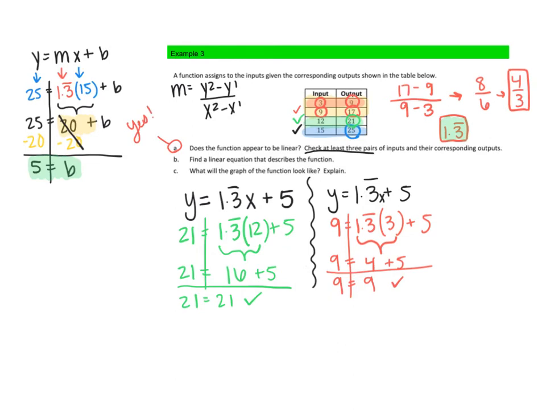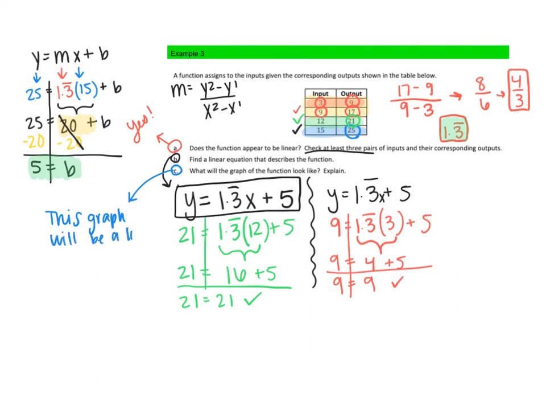This is linear. Okay. For part B, we already described a linear equation. The linear equation we found was 1.3 repeating times x. So we already did that one right there. And then we want to answer C. What is this graph going to look like? So let's answer this right here. This graph is going to be a line, right? Because it's linear. It's going to start at positive 5 on our y-axis. That's our y-intercept.